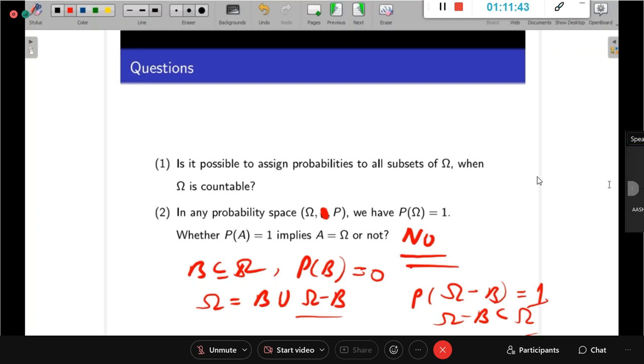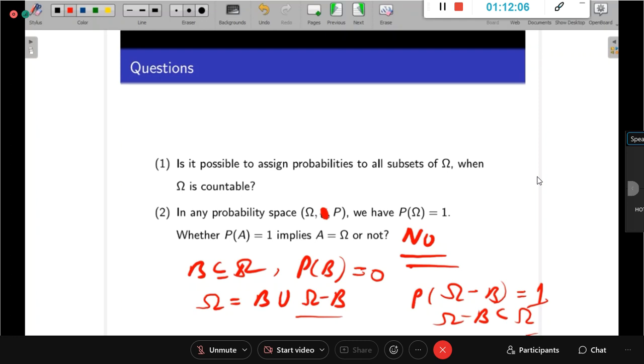Either one of them. Think about that example. Okay? Fine. If probability of A is 0, then why is A in the sample space? That is the beauty of probability.